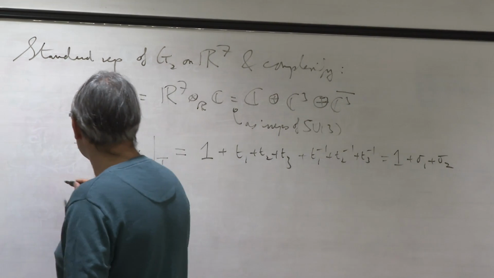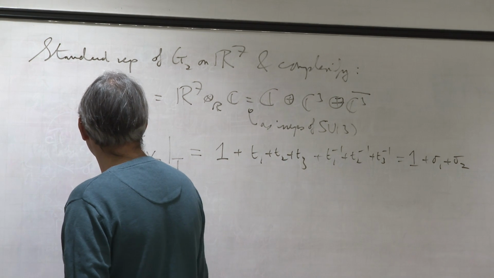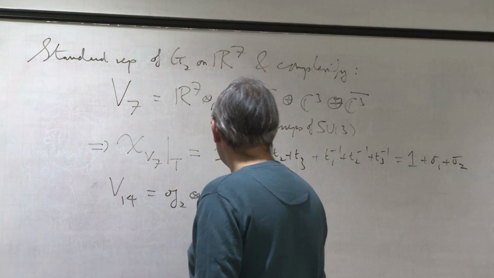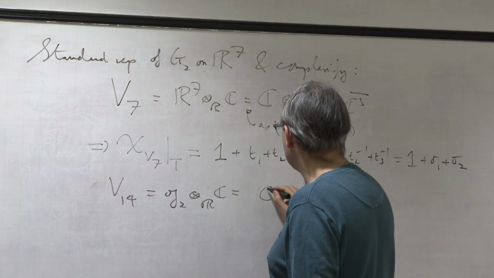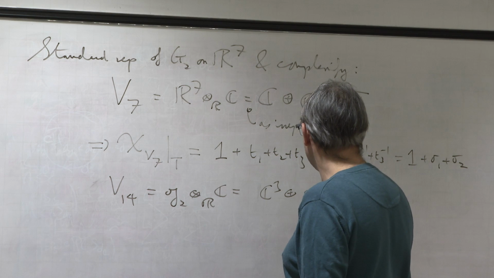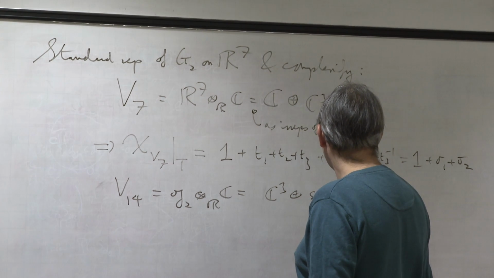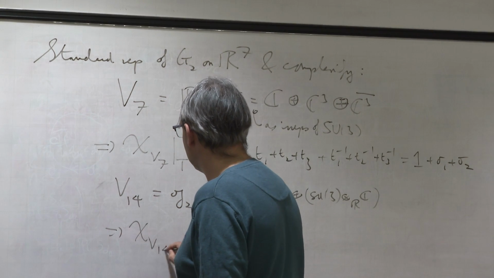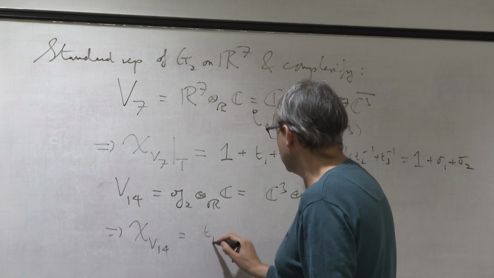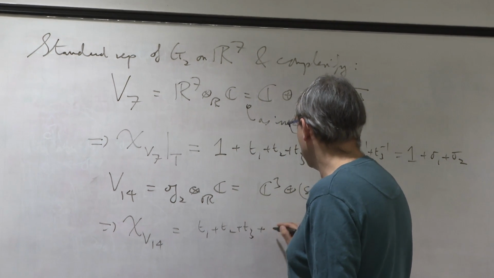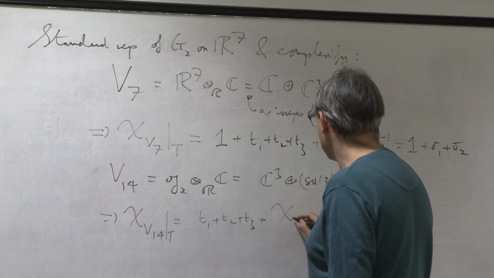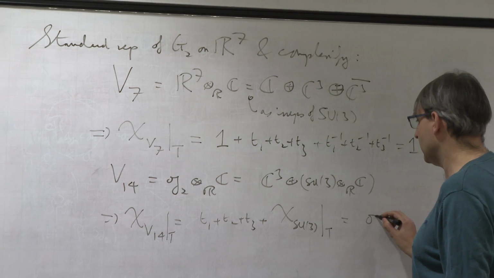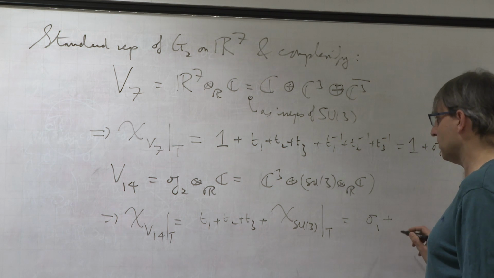And then you can also see, because V14, which is the complexification of G2, is going to be C3 plus the complexification of SU3, this means that the character of this representation restricted to the maximal torus is the same as the character of SU3 restricted to the maximal torus, which we computed.